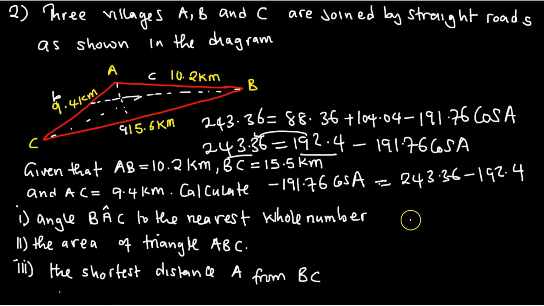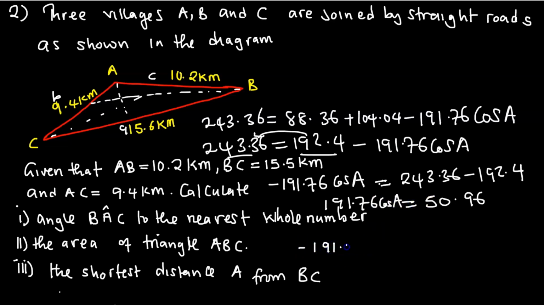When you subtract, I am finding 50.96. On this other side, we have negative 191.76 cos A.